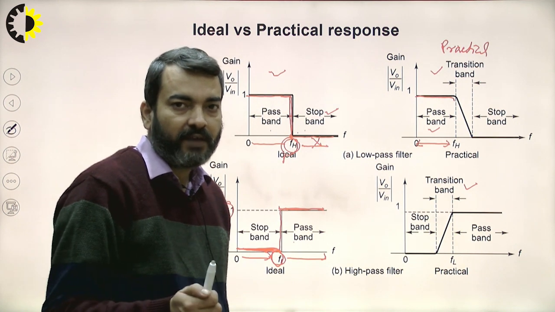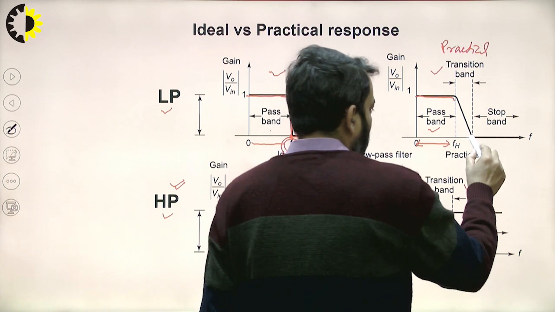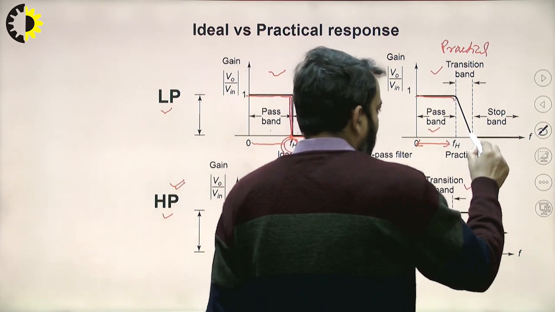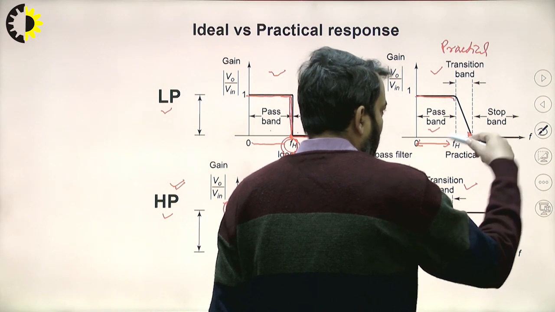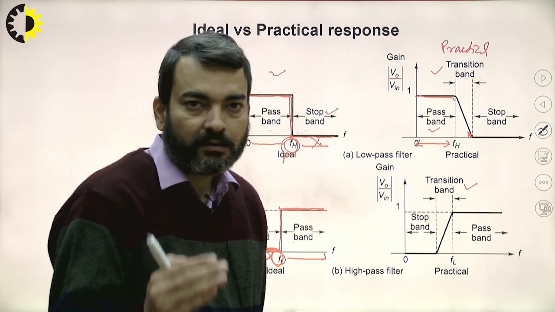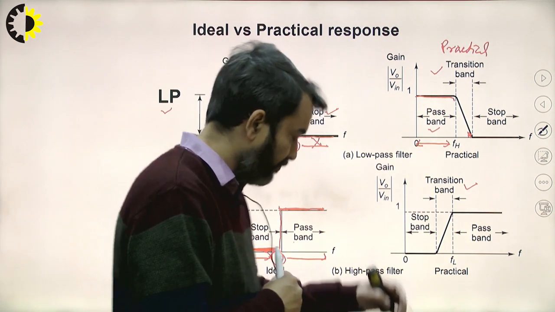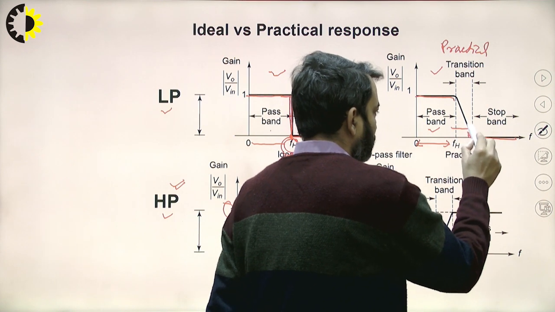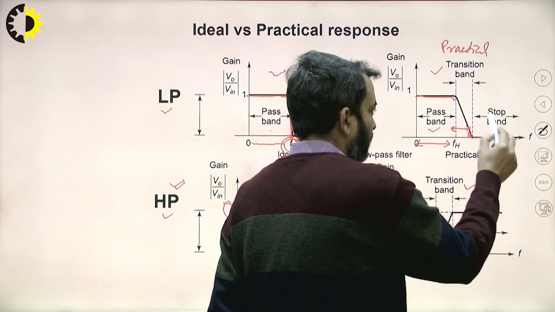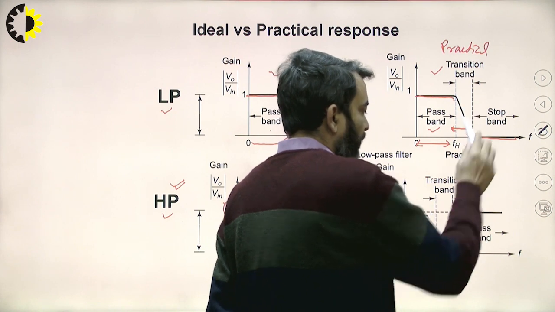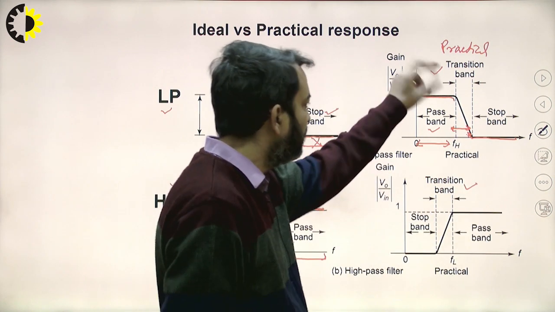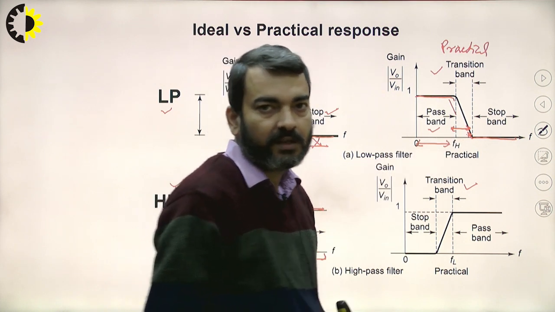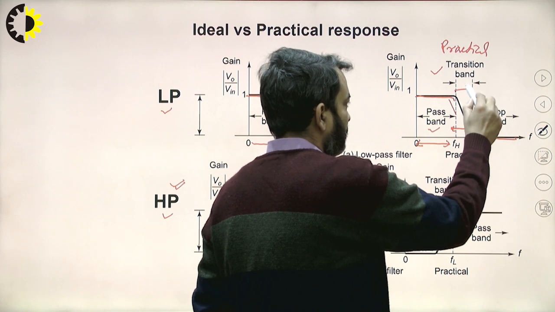And then we will define some attenuation level in stop band. Let's say this is the minimum gain, after which we say we have stop band. And in between these two, from pass band to stop band, this particular gap where we have a gradual fall of gain, we will say is transition band, TB.